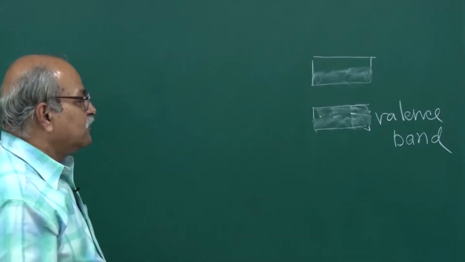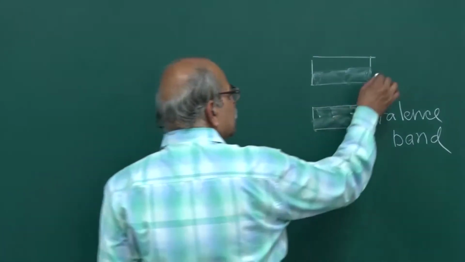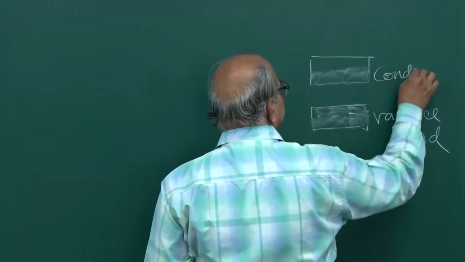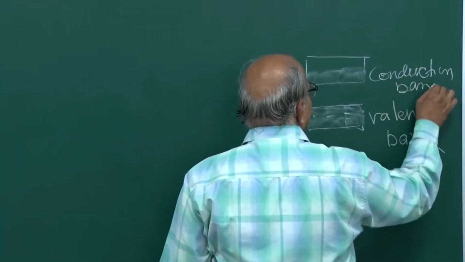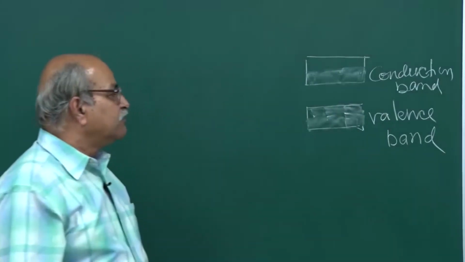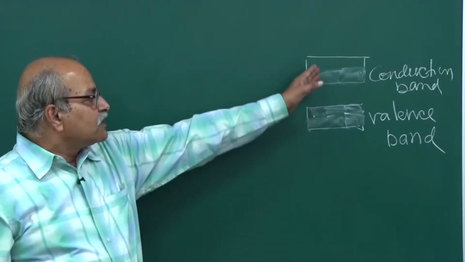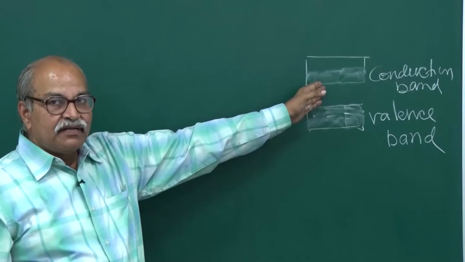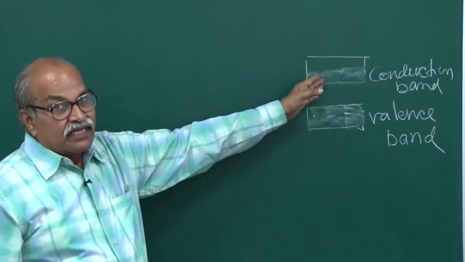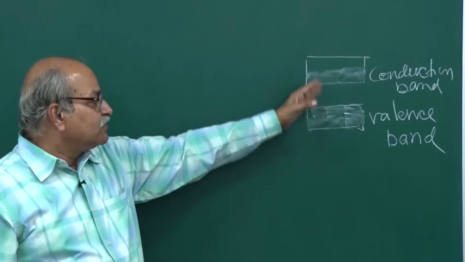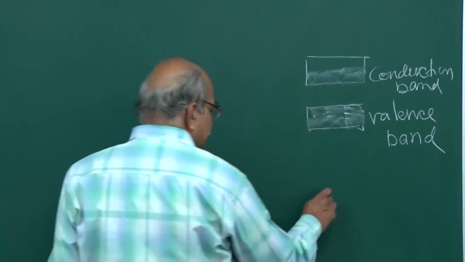So this is one kind of situation where the conduction band is partially filled, partially empty. You have a large number of quantum states which are filled, that means there are electrons, and you have a large number of quantum states which are empty, and then you have the valence band. So this is one situation. This will be a conductor.